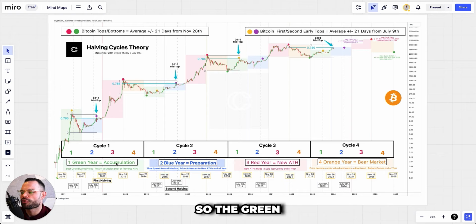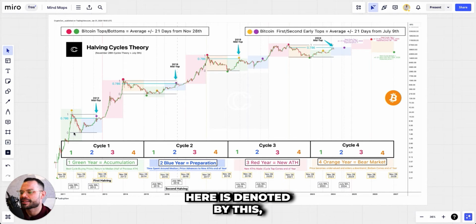So the green color and the green box here represents the course of 1 year. In this particular cycle, it's representing 2011, that whole year up until the start of 2012. And that's representing this year of accumulation, which tends to happen in the year before the Bitcoin halving event.